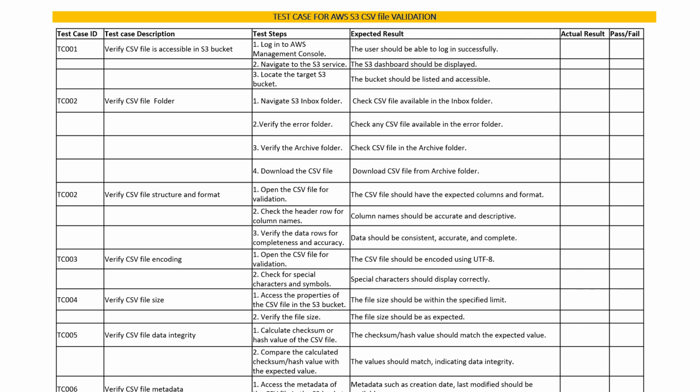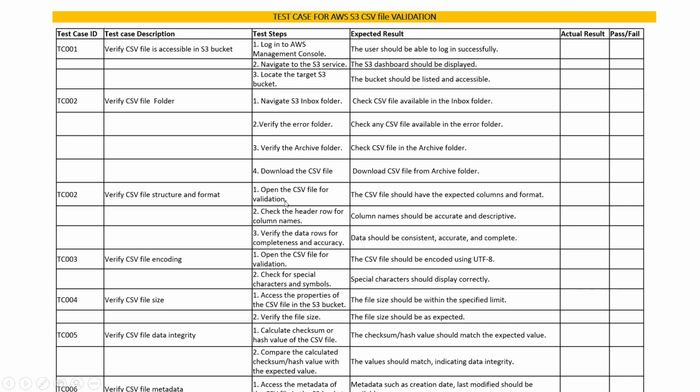Then verify the archive folder and check the CSV file in the archive folder. That is the final folder from a tester's point of view. Then download the CSV files from the archive folder.